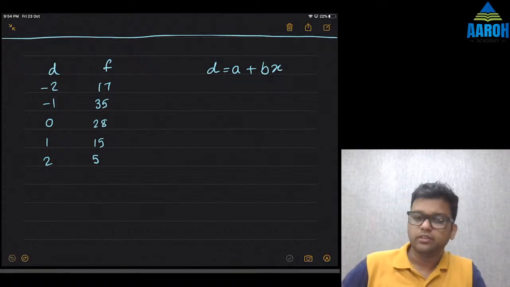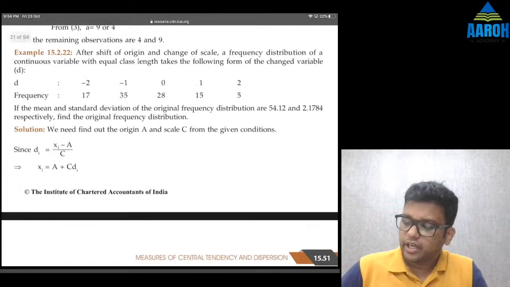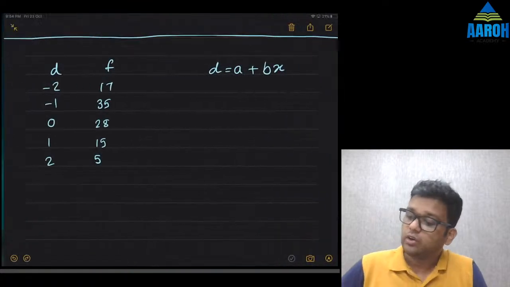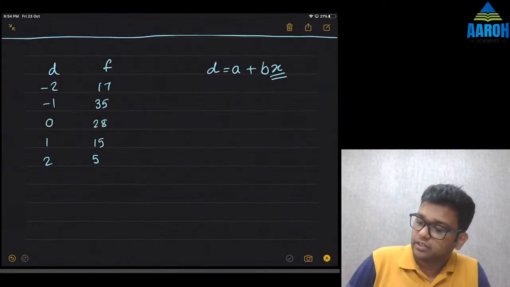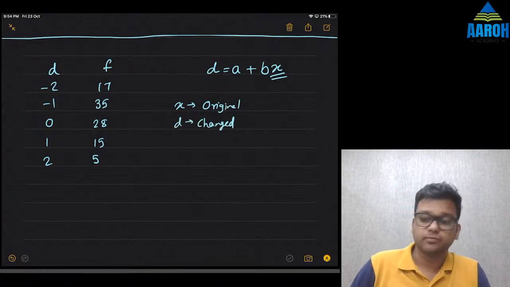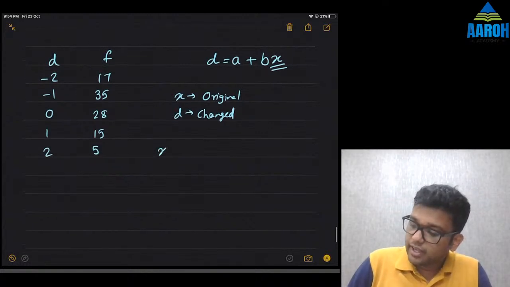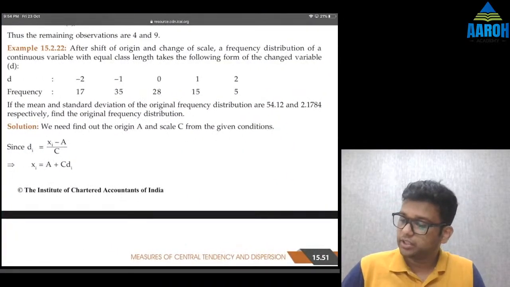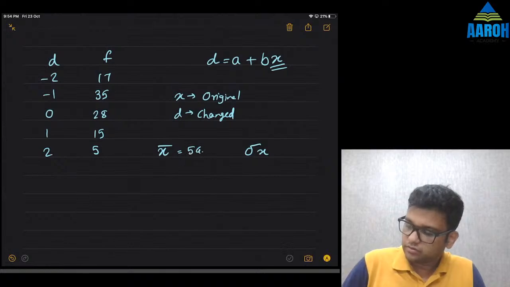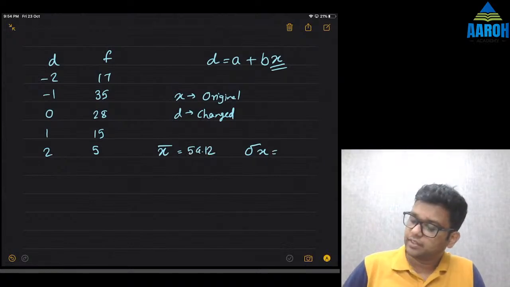Okay. So now let's see what they are saying. If the mean and standard deviation of the original frequency distribution, the original frequency distribution is x. So x is our original, d is our changed. And they have given us x bar and sigma x, mean and standard deviation. X bar is 54.12, and standard deviation is given as 2.1784.